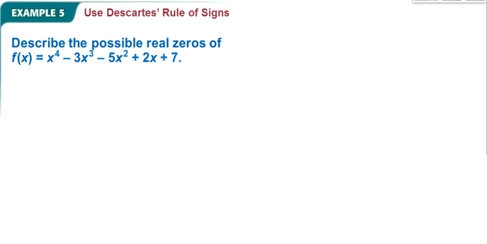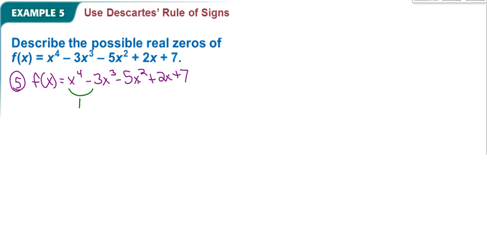So number 5, f of x is x to the 4th minus 3x to the 3rd minus 5x squared plus 2x plus 7. And so what we're going to do is look at the sign changes there. So this one's positive, this one's negative, so there's a sign change there. This stays negative, this goes from negative to positive, so there's a sign change there. This one stays positive. So that means that there could be 2 positive real zeros, but then we can go down by 2, and so there could be 2 or 0.